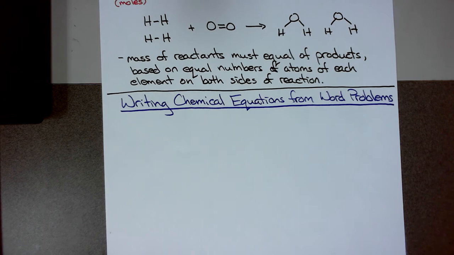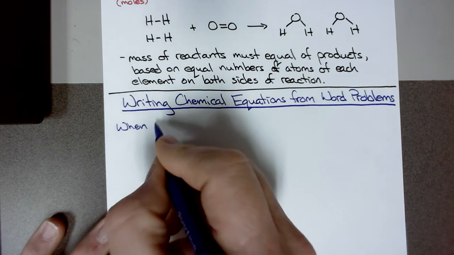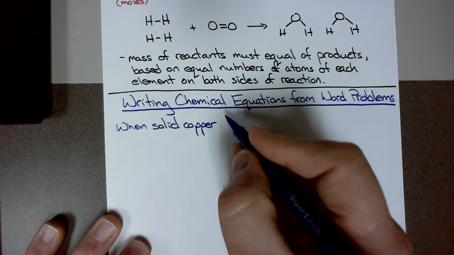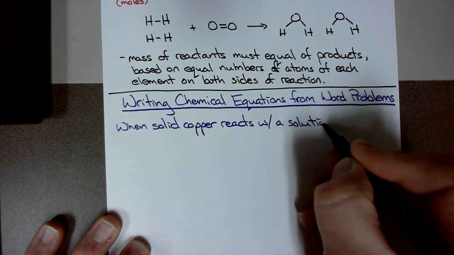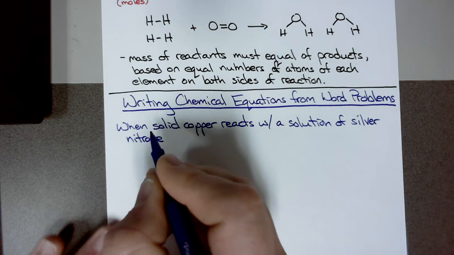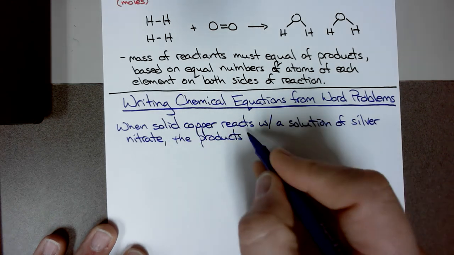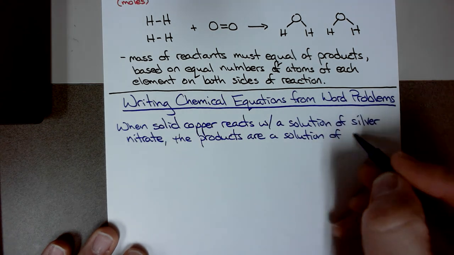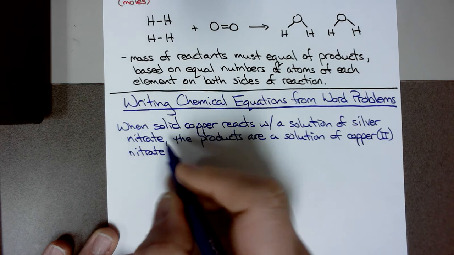So let's take an example and see what we need to do. If I have this word problem, when solid copper reacts with a solution of silver nitrate, the products are a solution of copper 2 nitrate and solid silver.